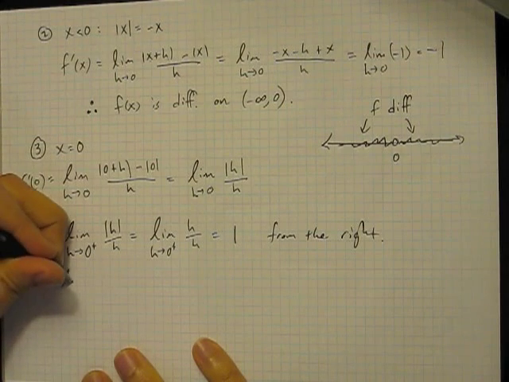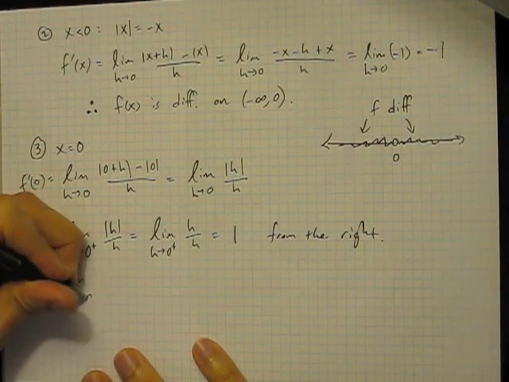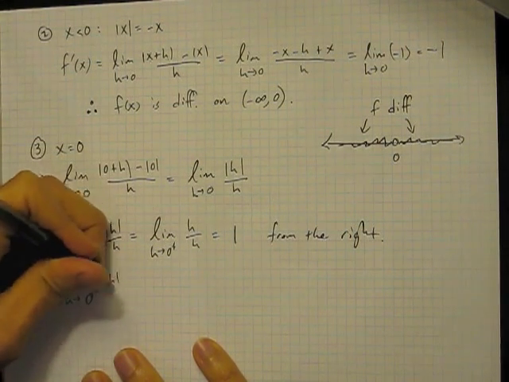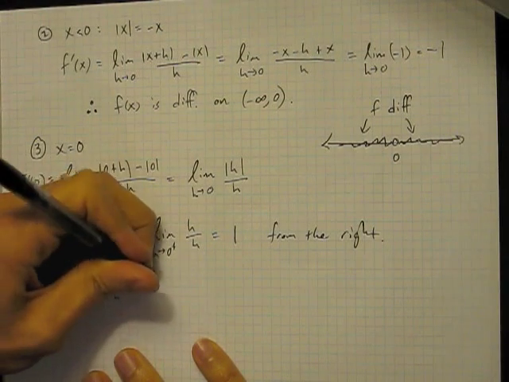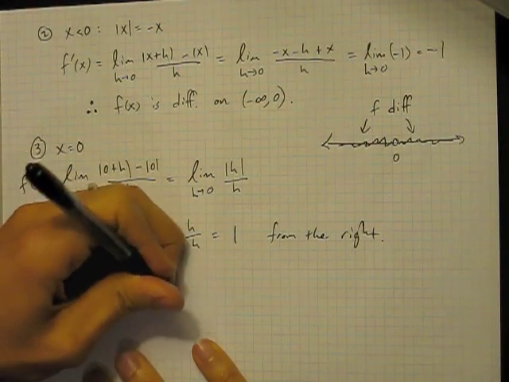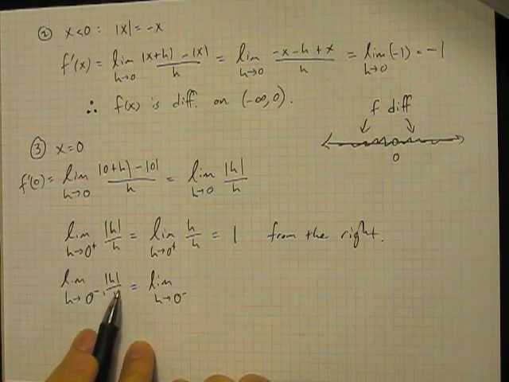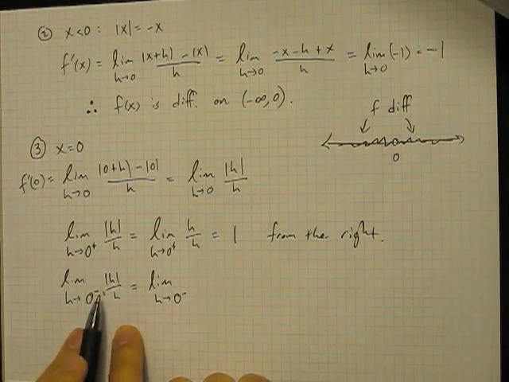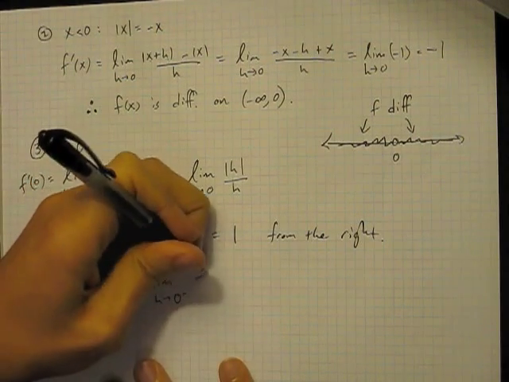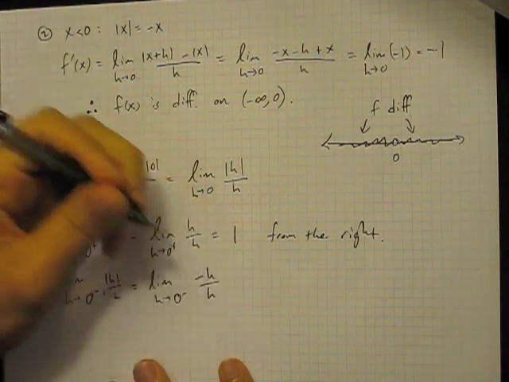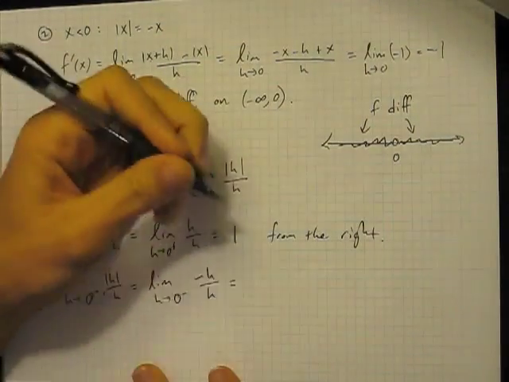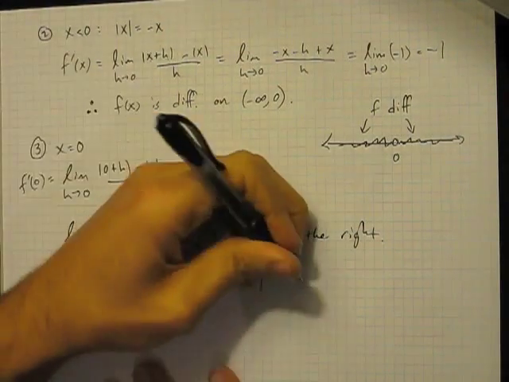From the left, it's the opposite. When we're coming at 0 from the left-hand side, h is a negative number, and so the absolute value of it will be equal to minus h, and so this is minus 1 from the left.